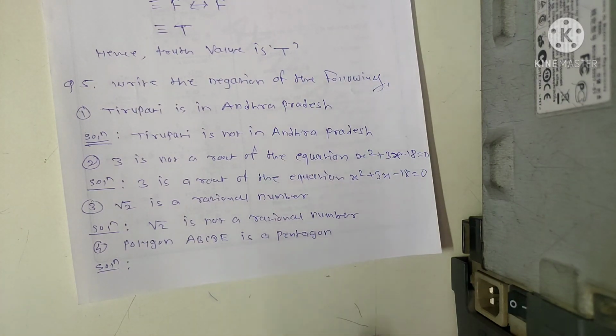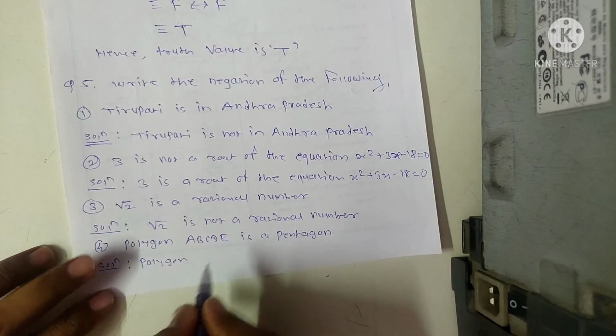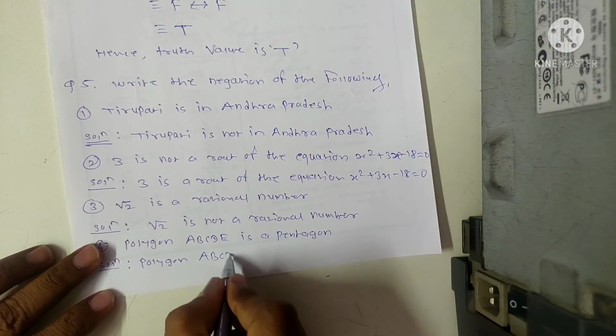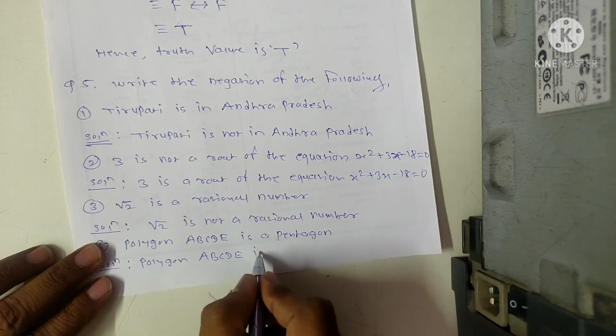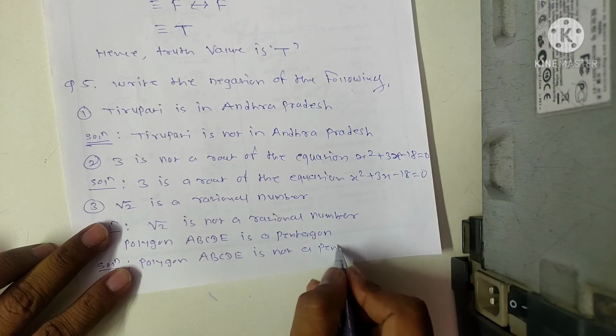We use not here only. Polygon ABCDE is not a pentagon.